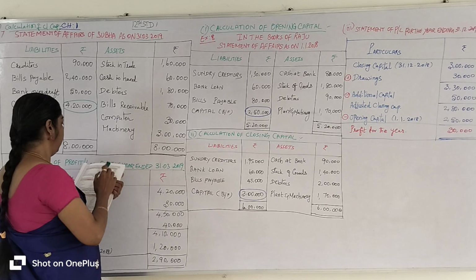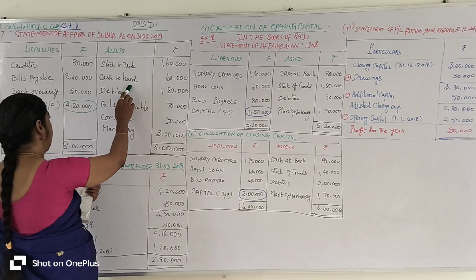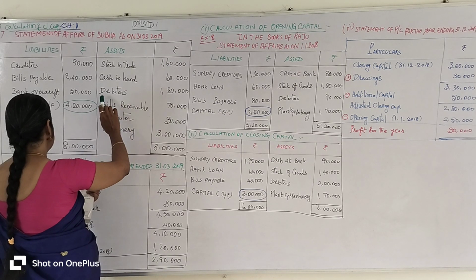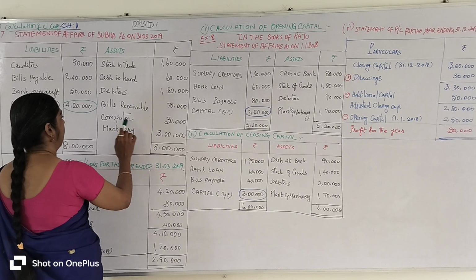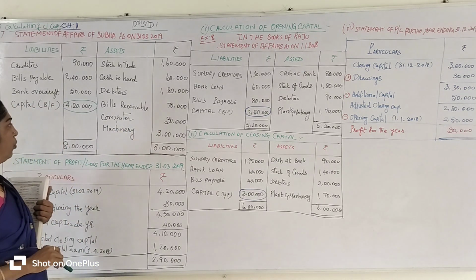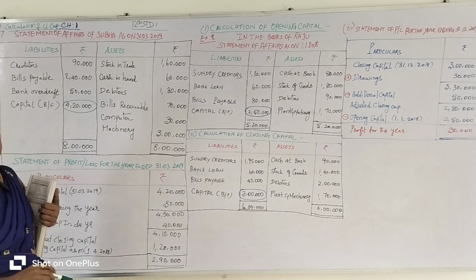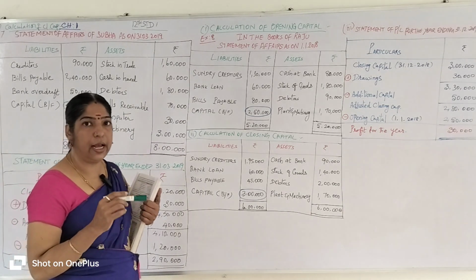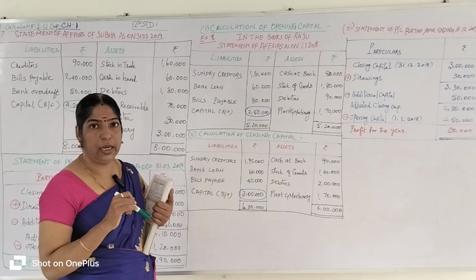Come to the asset side: stock in trade goes to the asset side, cash in hand 60,000, debtors 1,80,000, bills receivable 70,000, computer 30,000 rupees, and machinery 3 lakhs are entered on the asset side. Which side has the higher value? Of course, the asset side. Why?